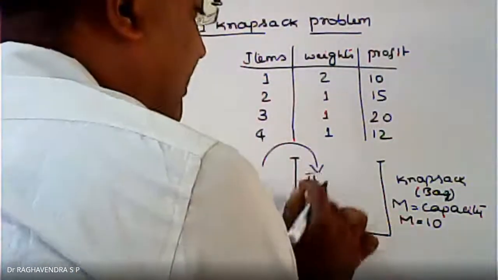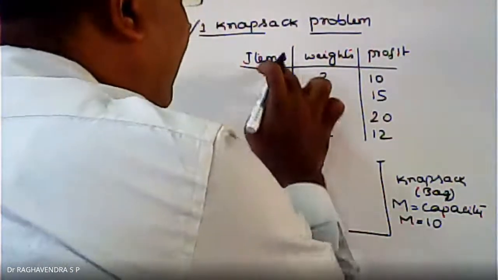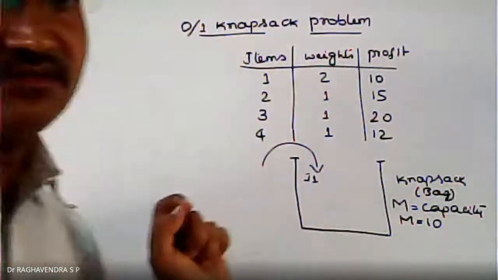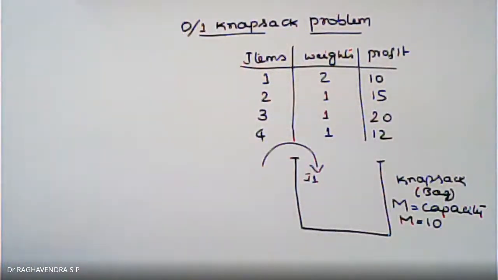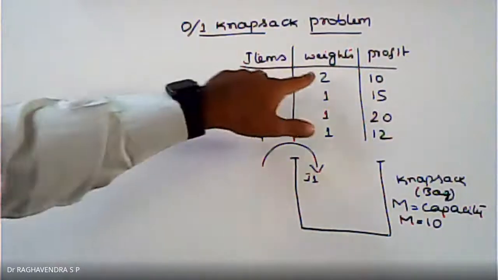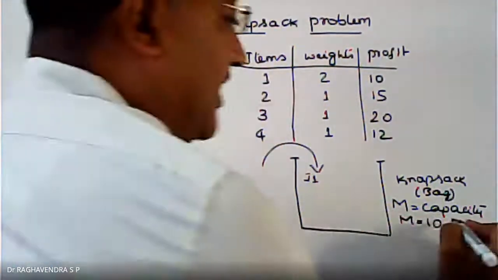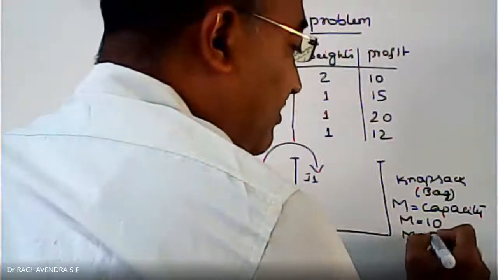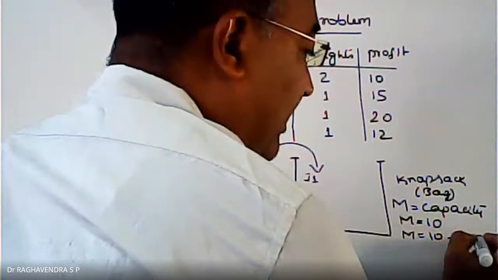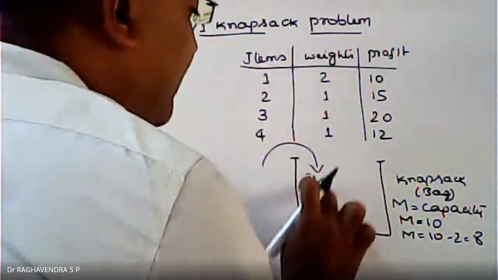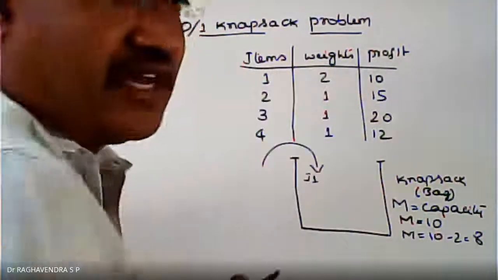Suppose I am going to insert item 1. What is the weight of item 1? 2. So now the remaining size of the knapsack is 10 minus 2, that is 8. Why? Because I have inserted item 1 into the knapsack.